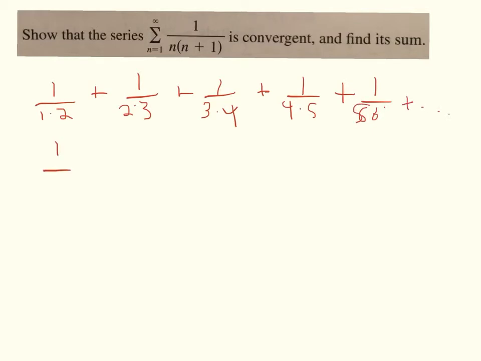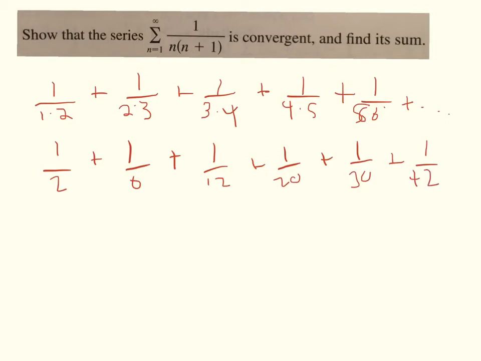When you look at this, it's 1/2 plus 1/6, plus 1/12, plus 1/20, plus 1/30. The next one would be plus 1/42. It's pretty hard to see what this adds to, and this is what makes this one interesting. If you look at it this way, you won't be able to tell what it adds to.